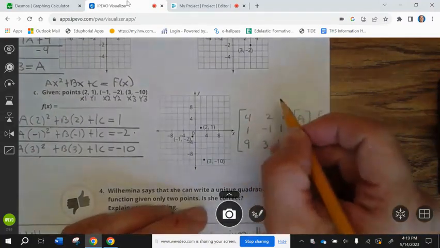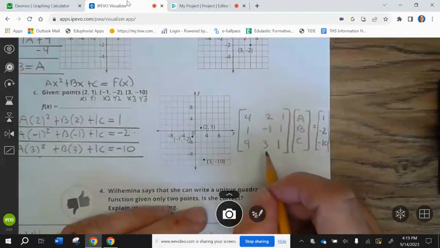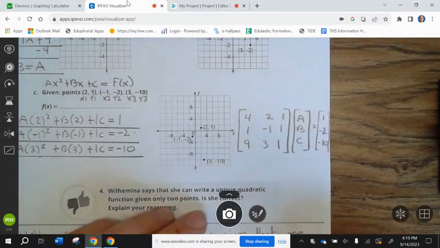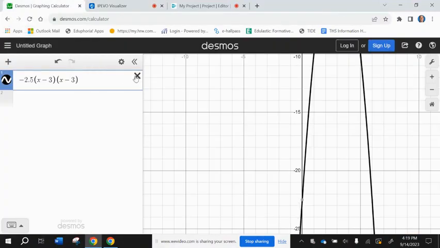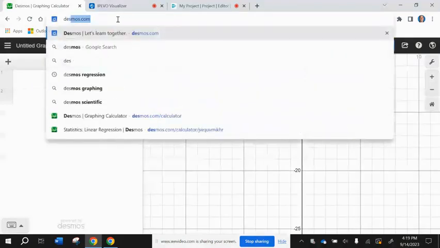And I remember that this is, I can solve this using x equals A inverse B. So I'm going to come over here. I'm going to go to Desmos.